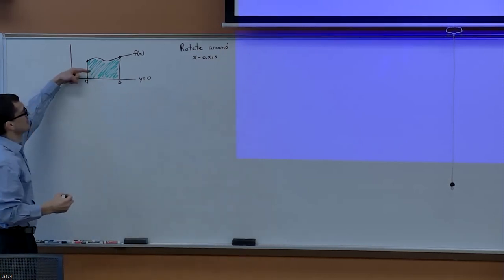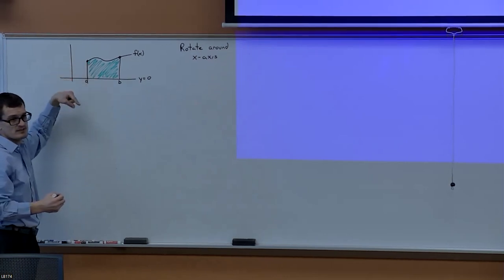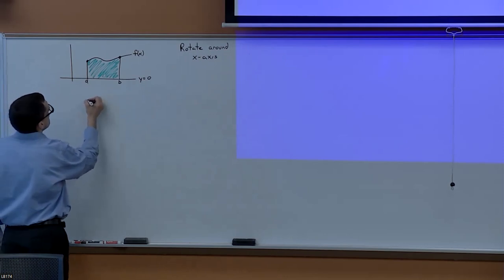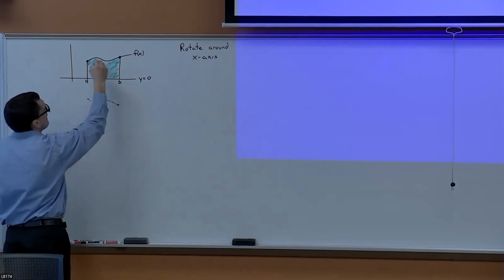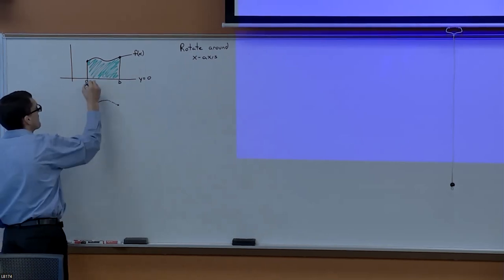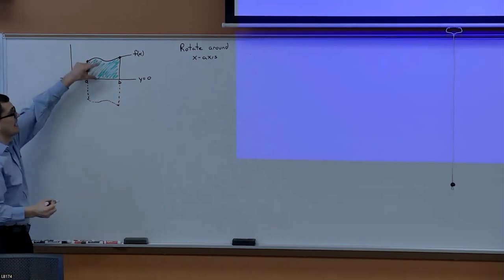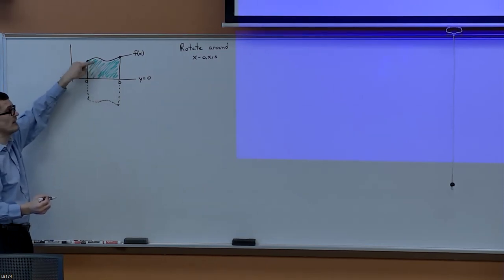So what I'm going to do is take this area and spin it around the x-axis. And what you're going to get is a three-dimensional object. I can't draw it out from the board, but you can imagine spinning around out from the board. We're going to go all the way around the x-axis.